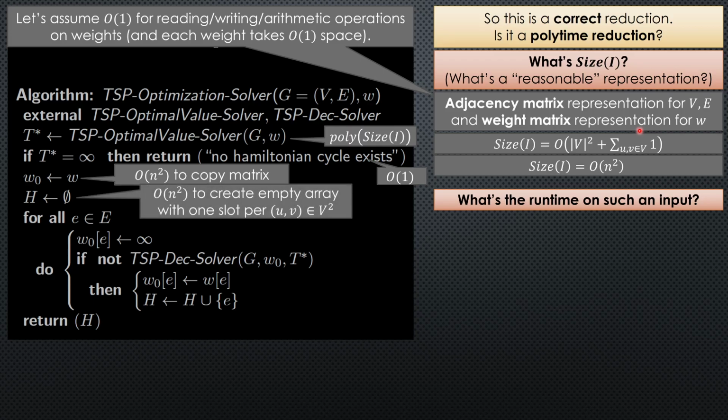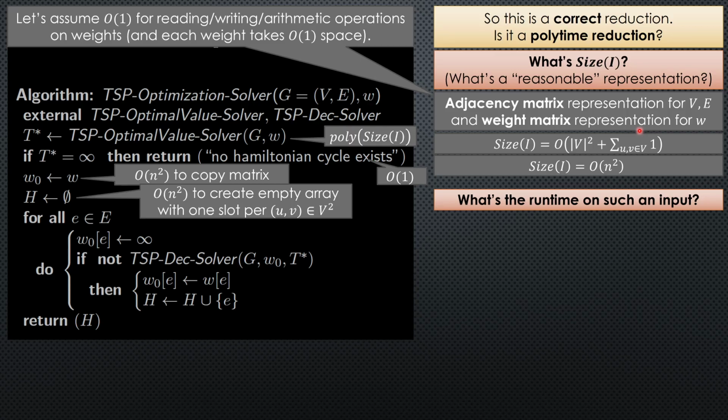And then we're going to create H, and we could represent H in all different ways. Let's just represent H as another n squared size matrix. So when we talk about adding an edge to H, we look at that edge's endpoints, u and v, and we just set H of u comma v to 1.